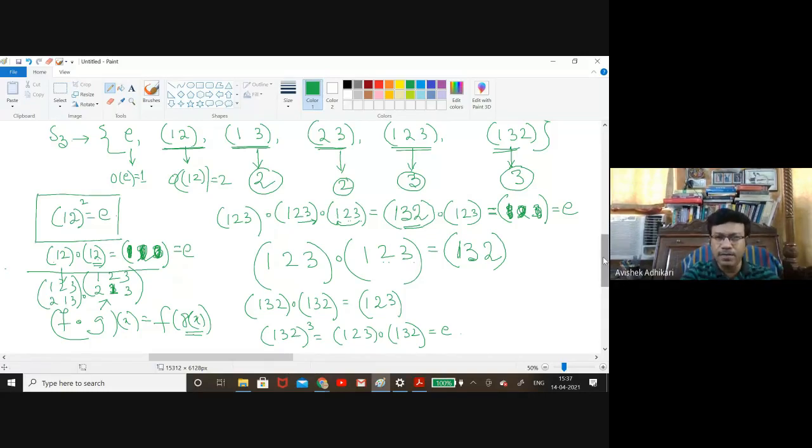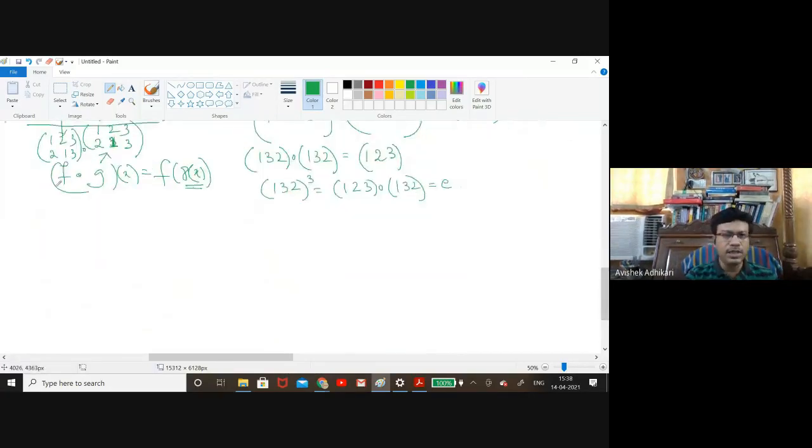For example, suppose in S101 I give you the element (1 2 3 7 9 11 13 100 101). Now you can check how many elements are there: 1, 2, 3, 4, 5, 6, 7, 8, 9 elements. So one way is you just check up to the 9th power, and you will ultimately find that this value is E.